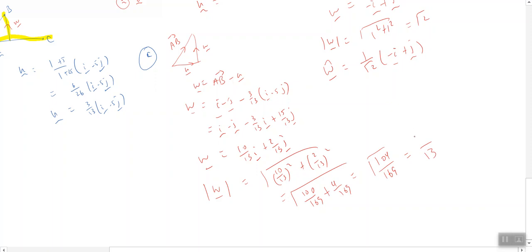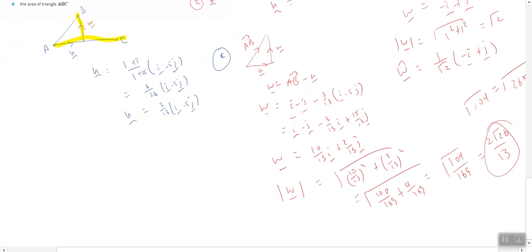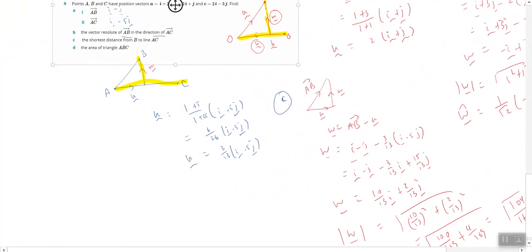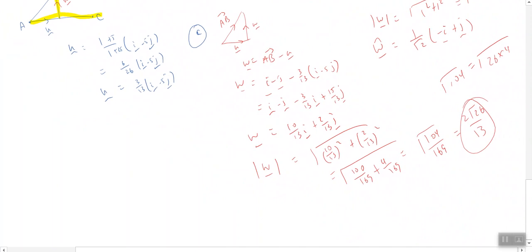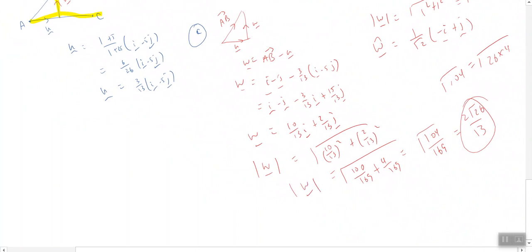At the top, 4 goes into root 104, 26 times. So you can write this as 2 root 26 on 13. So that's your part C. That's how you get the magnitude of W.